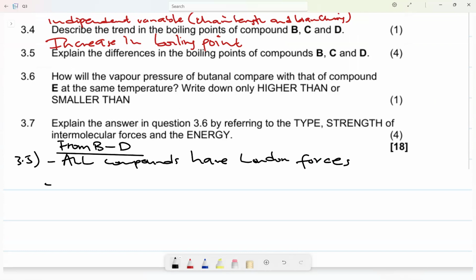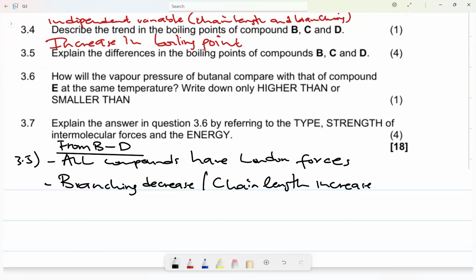The second point, from B to D, what happens? Branching decreases, or you can say chain length increases. You need to say from B to D. If you do not say from B to D, you are out.